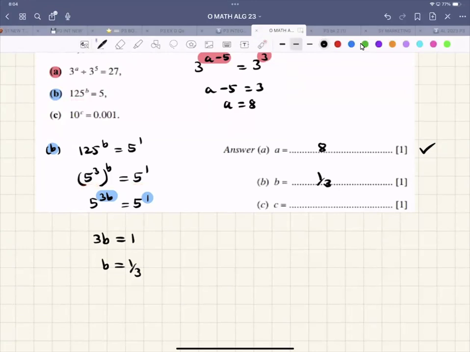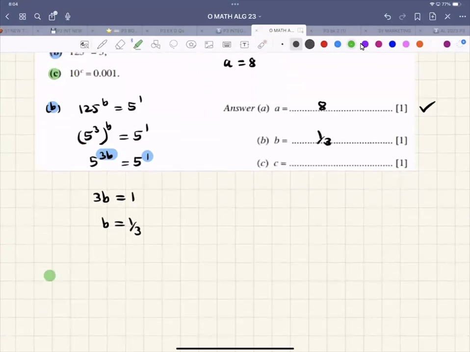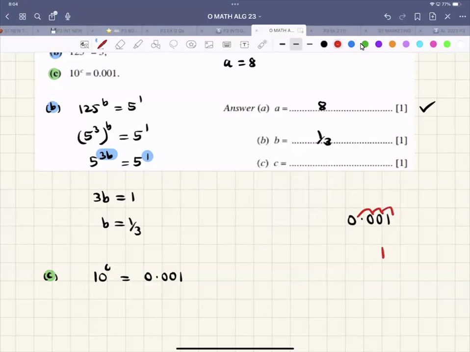Now let me focus on part C. That's right over here. It says 10 raised to power of C, that is 0.001. Now 0.001, let me play with the decimals 1, 2, 3. That is 1 over 1000.